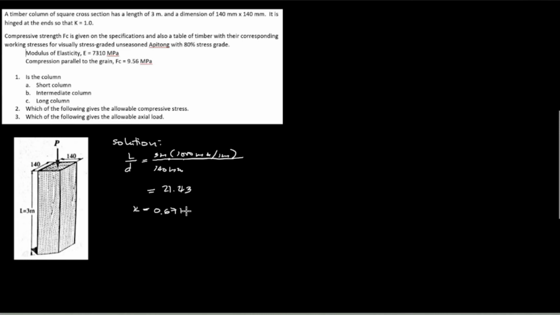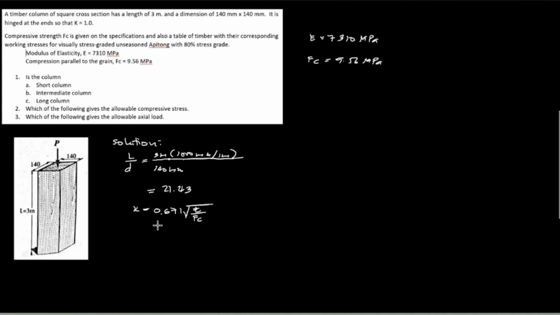And to find K, the formula for K is equal to 0.671 times the square root of E over F sub C, where E, the modulus of elasticity for apitong with 80% stress grade, is equal to 7,310 megapascal, while F sub C, or the compression parallel to the grain, is 9.56 megapascal.